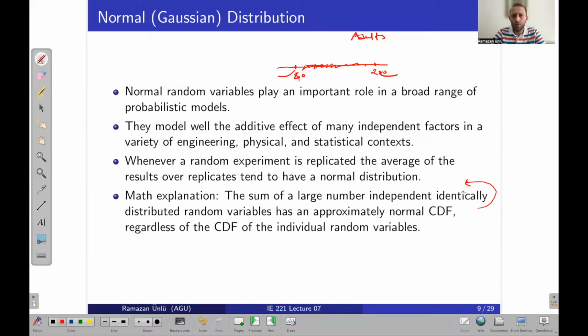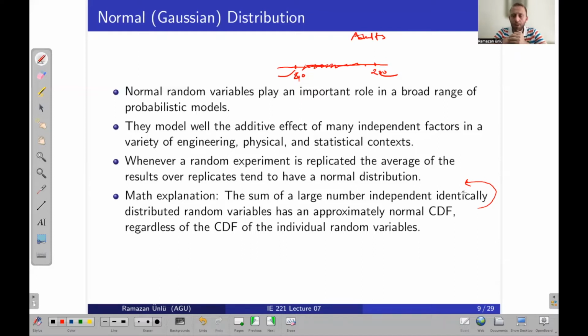There's a useful property of the normal distribution: whenever a random experiment is replicated many times, the average of the results over those replicates tends to have a normal distribution.